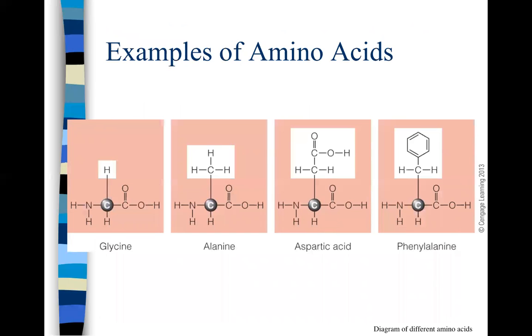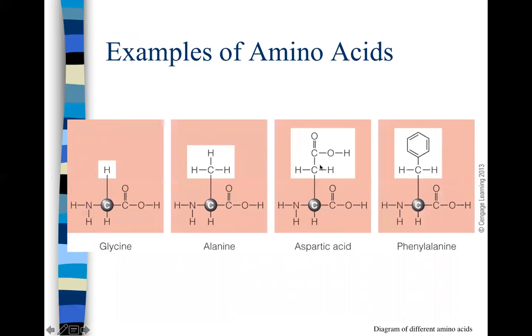These are more pictures of amino acids, and in the white box you can see the different side chains of them. So glycine is one of the simplest amino acids. It just has a hydrogen side chain. Alanine has a methyl group, which is a carbon and 3 hydrogens. Aspartic acid, when you see the name acid, it indicates carboxylic acid.